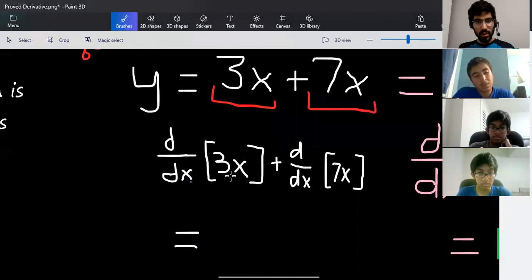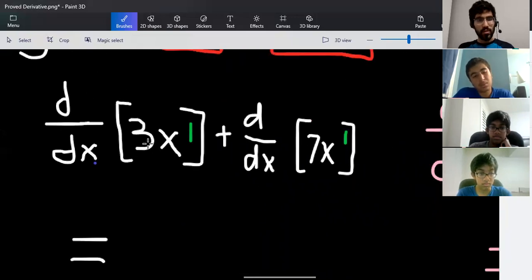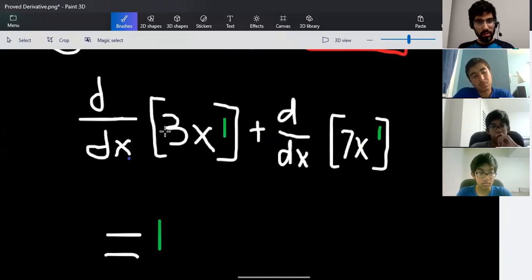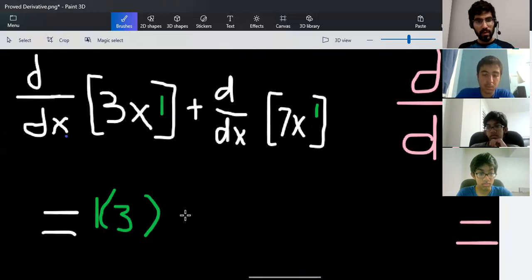Here again, this is 1, this is 1. So I bring the 1 out front, and then 3x to the 1 turns into x to the 0, which is just 1. So I have 1 times 3. And then I can add here.